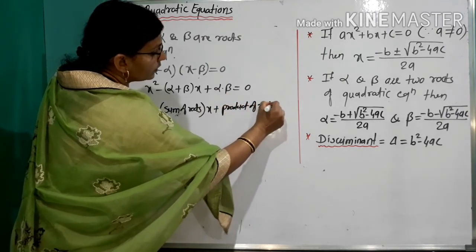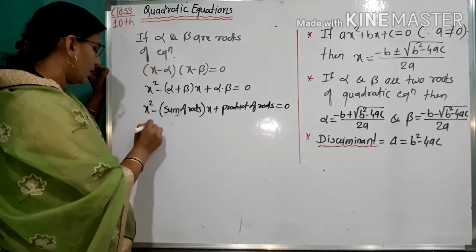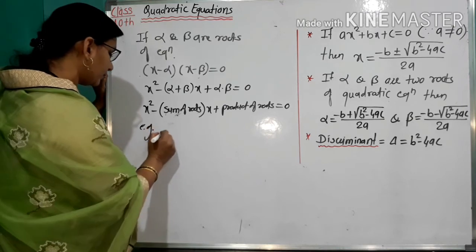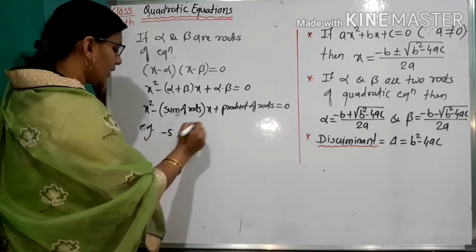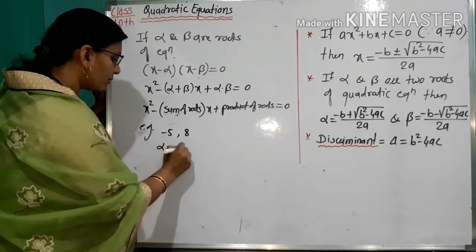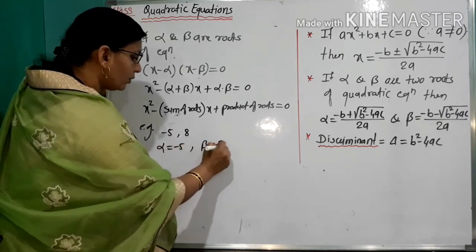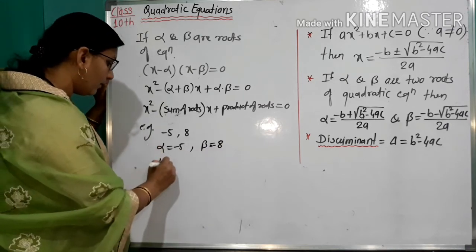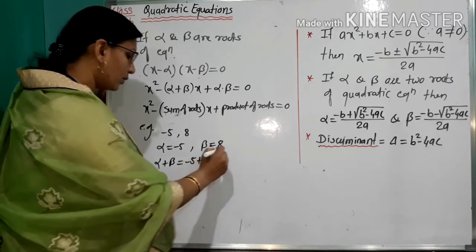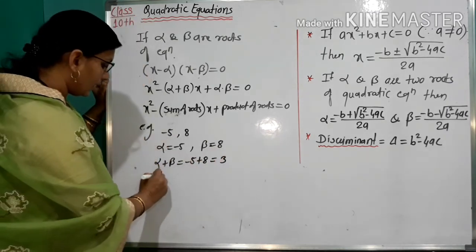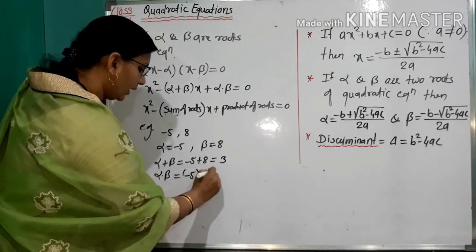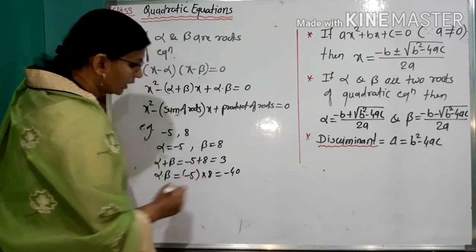equal to 0. Take one example. If roots are given, that is -5 and 8. These are two roots. Let alpha equal to -5 and beta equal to 8. Then alpha plus beta equal to -5 plus 8 equal to 3. And alpha into beta equal to -5 into 8 equal to -40.